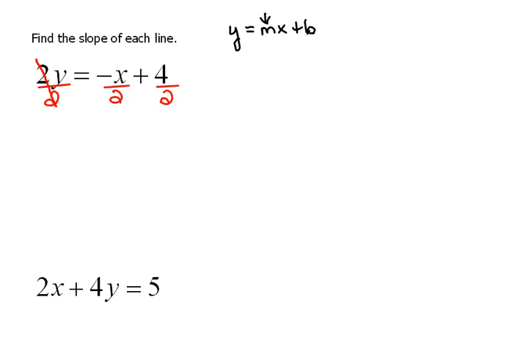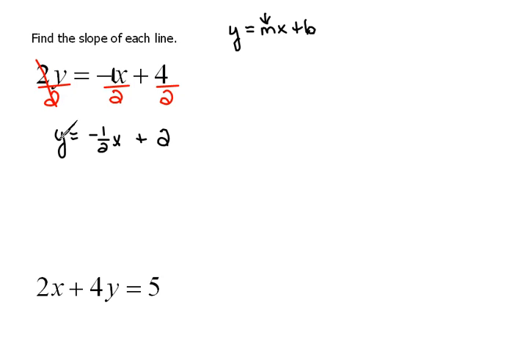So our 2's will cancel, so we have y equals, now this is technically, remember, a 1 in front of this x. So we can write this as negative 1/2 x plus 4 over 2, or 4 divided by 2 would be 2 if we simplified it.